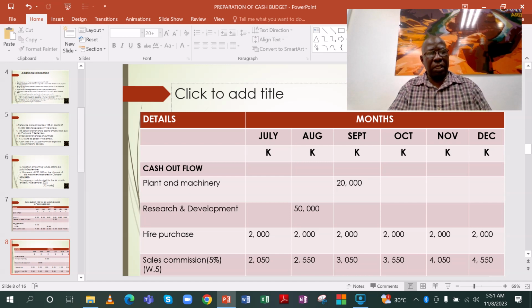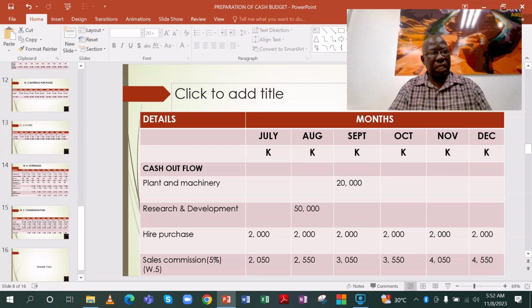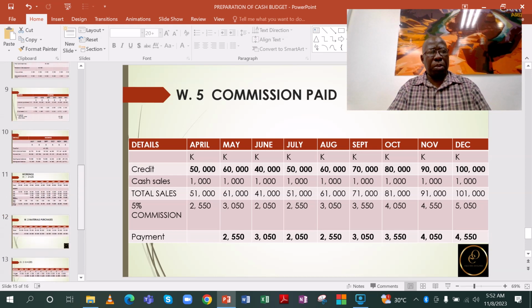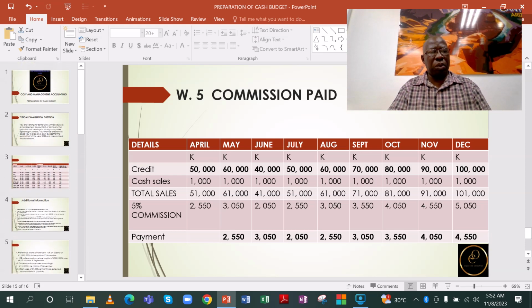From working number 5. So there you are. You have the credit sales, you made the sale. There is a point where I just want to make an adjustment so that this particular holds true.